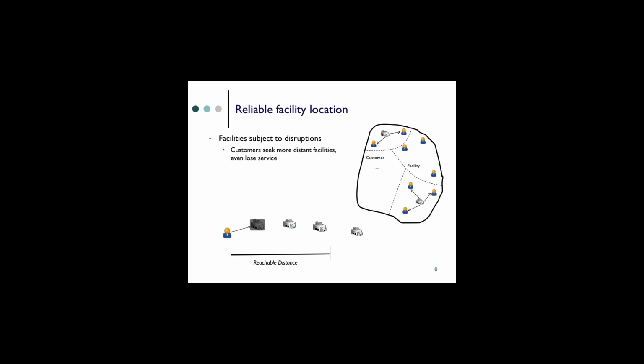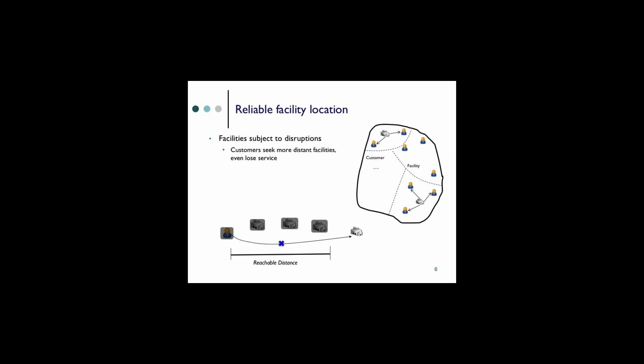See this example. The customer will first go to the closest facility for service. Then if this one is disrupted, the customer may have to go to another one and pay higher transportation cost. In the worst case, if all the facilities within this reachable distance fail, then this customer has to give up service, and it has to pay the penalty for losing service.